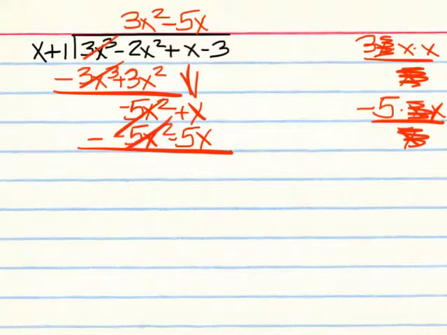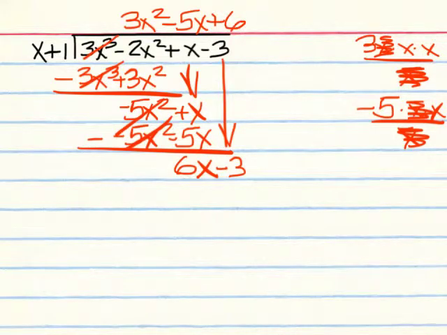Subtract, and these should cancel out. 1 minus a negative 5 is 6. And drop what's next. So what do I multiply x by to get 6x? And that would be 6.